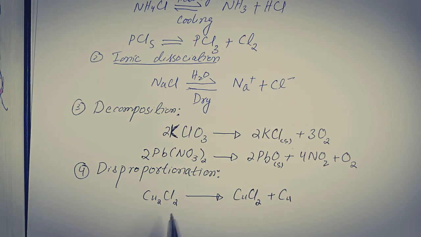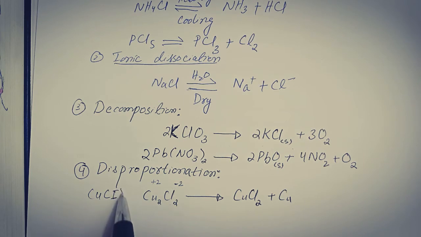For example, in this case, the valency of each chloride ion is -1. For 2 chlorides, the overall valency of negative species is -2, and here the valency of copper must be +2. For each copper, the valency is +1. Whereas in this case, for each chloride, the standard valency is -1.